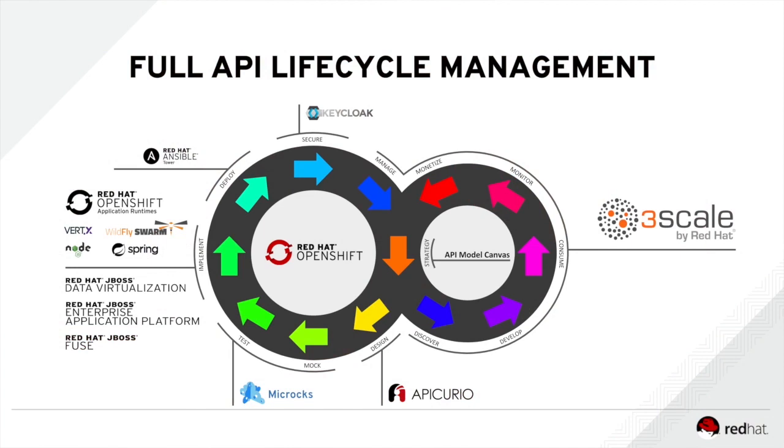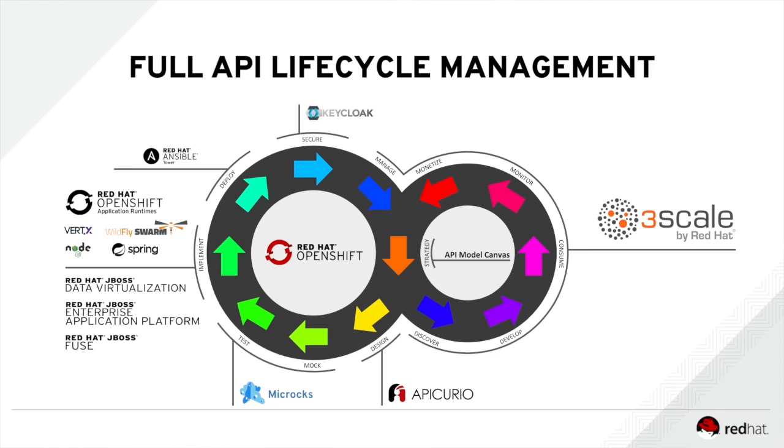Okay, so just to conclude, the story we just told you today in fast-forward mode is just an illustration of a broader full life cycle API management that we are actually working on at Red Hat. And you can see on this schema that the API strategy is at the very core of this life cycle and needs to be well thought out and well defined before starting things up.